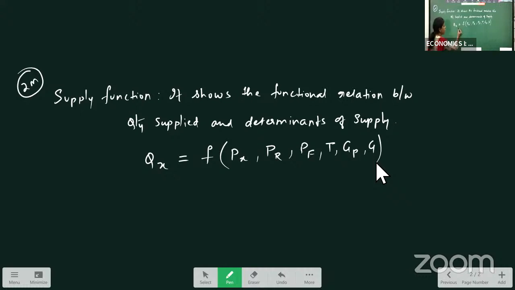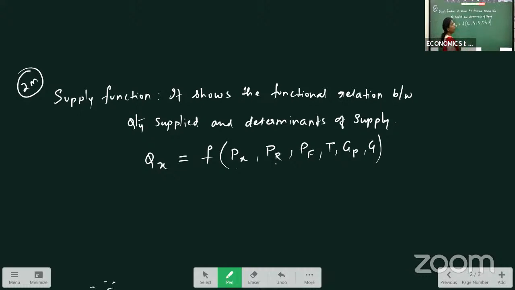So you can see the functional relation when we say if the price of a good changes, our supply changes. If the price of related goods changes, our supply changes. If the price of factors of production changes, our supply is affected. If technology changes, then also our supply is affected. If the goals of a producer are changing, our supply is also changing.